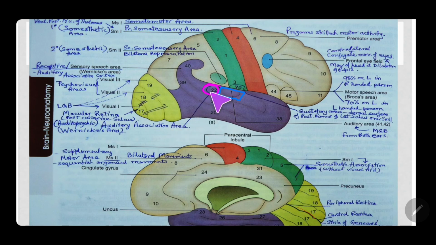Just like I told you in the case of occipital cortex, from the LGB, all of them do not relay in area 17, but a few fibers also directly reach 18 and 19. Similarly from the MGB, most of the fibers no doubt reach area number 41, 42, but a few fibers also reach area number 22.